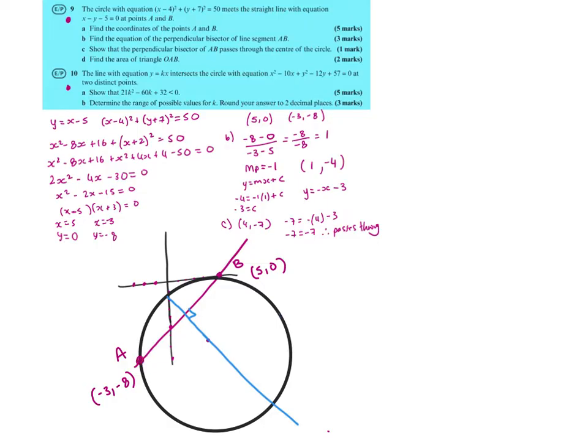Does anybody know what O means? Yeah, O's the origin. It would tell us if it wanted us to use the circle. So we've got to use this origin here. Okay? So, we want this triangle.